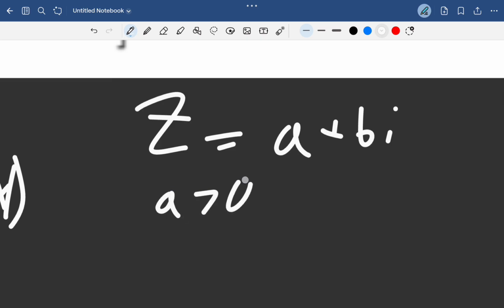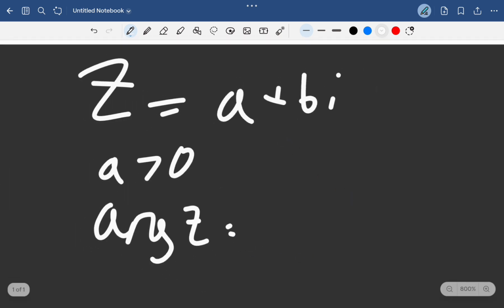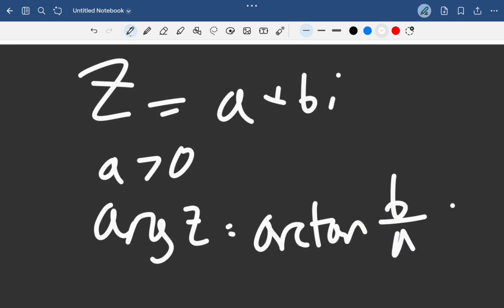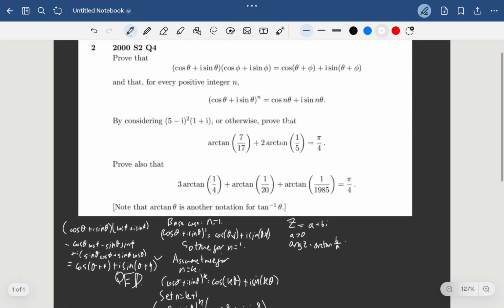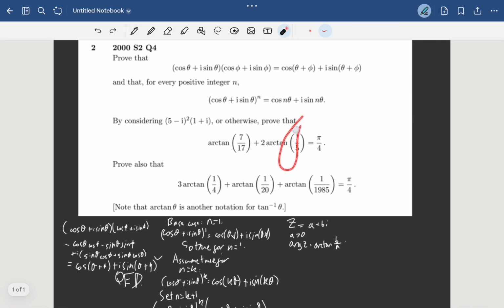Let's say a is greater than 0. This means that the argument of z is given by arctan of b over a. So this 1 over 5 is what I'm looking at here; we've got minus 1 over 5 for the argument.